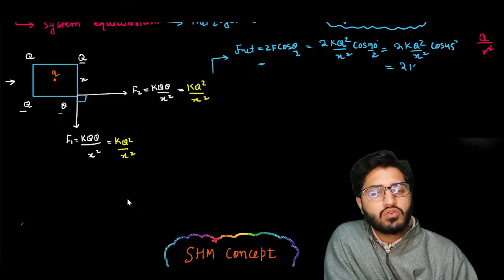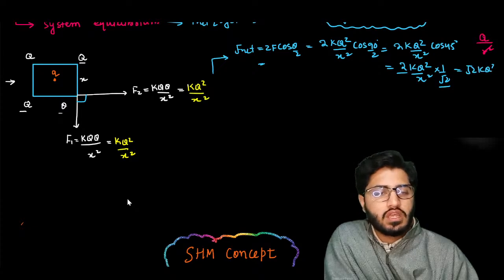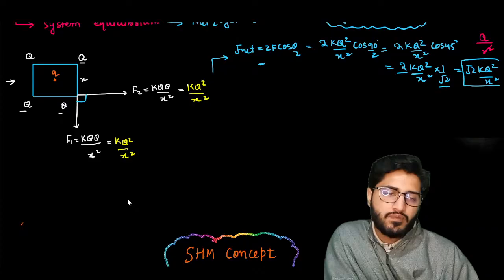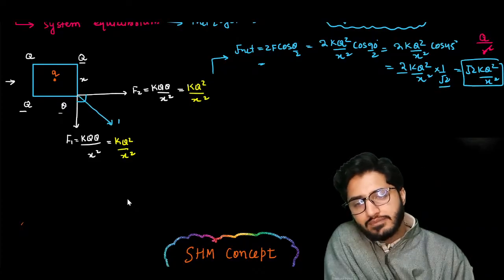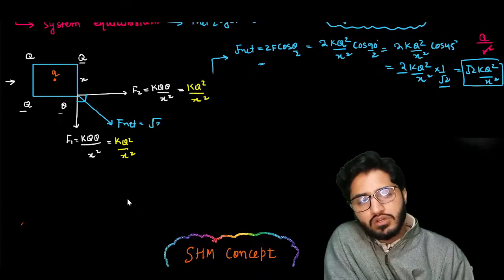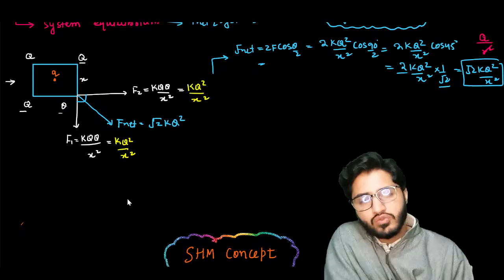So 2 into 1 by root 2 is root 2. I can write root 2 K Q square by X square. So the net is in this way. It is my F net, root 2 K Q square by X square.